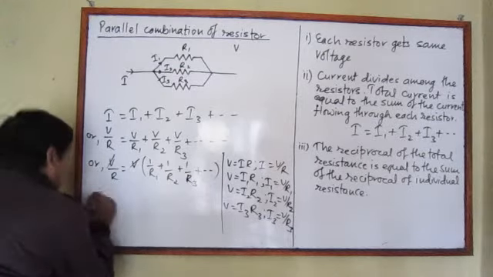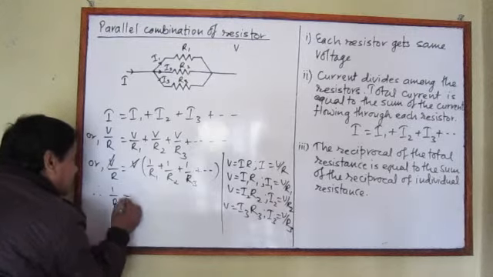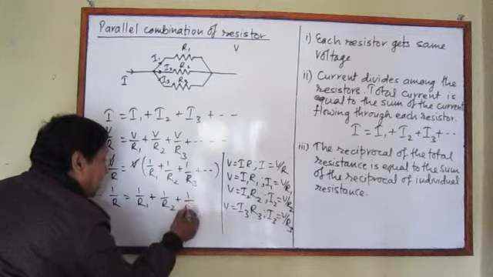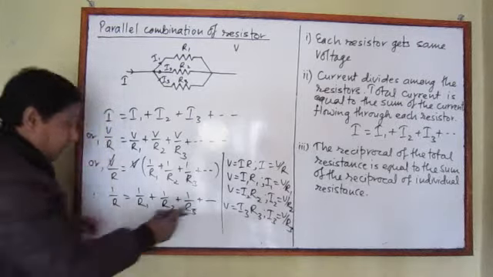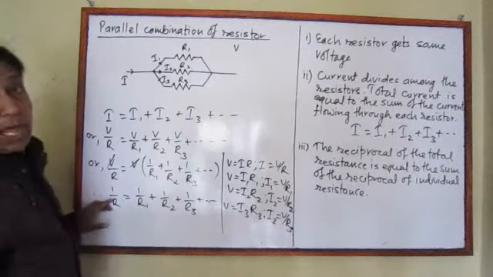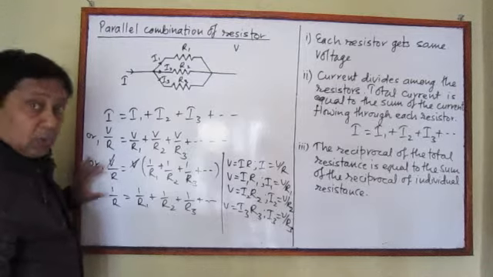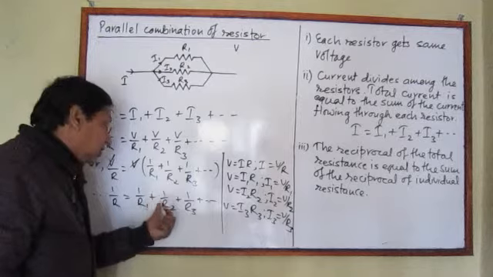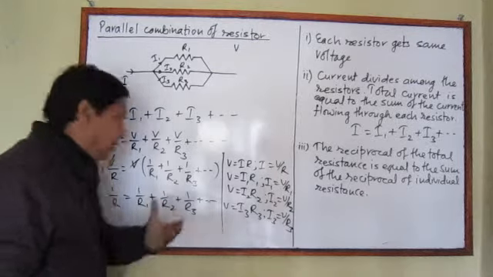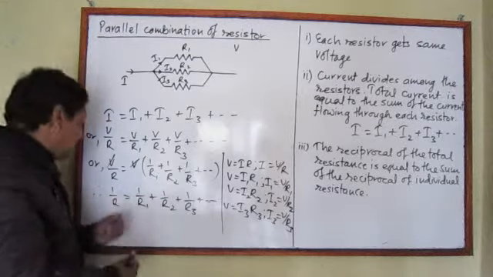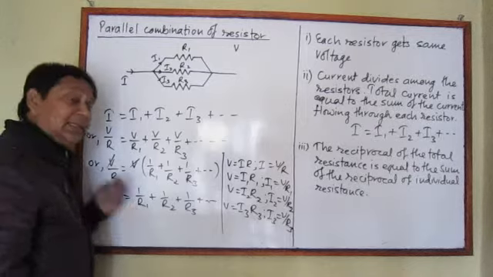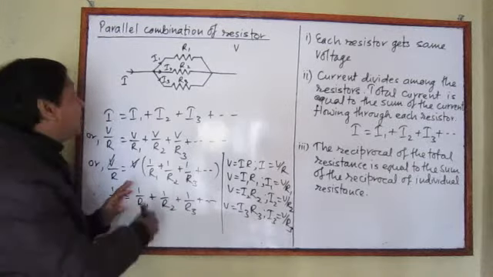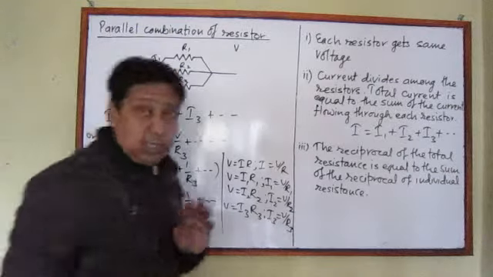V cancels. Therefore 1 by R equals 1 by R1 plus 1 by R2 plus 1 by R3 and so on. What is the conclusion? 1 by R means the reciprocal of the total resistance, and it is equal to 1 by R1 plus 1 by R2 plus 1 by R3 and so on. It means we can conclude that the reciprocal of the total resistance is equal to the sum of the reciprocals of the individual resistances. These are the basic characteristics of the parallel combination of resistors.